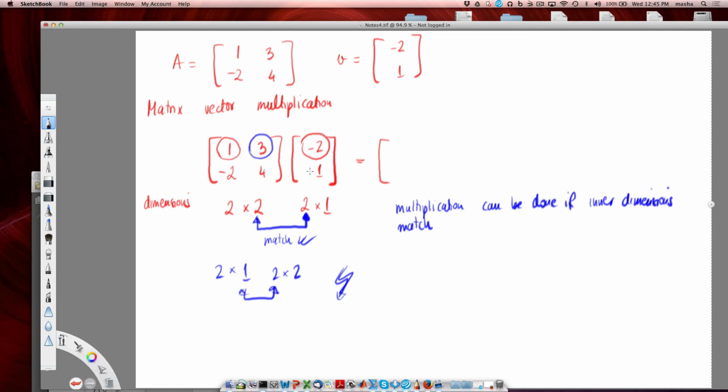So 1 times minus 2, apologize, plus 3 times 1. And then I'm going to do the similar thing for the second row. So I'm going to do minus 2 times minus 2 plus 4 times 1. And I'm going to change the color here.